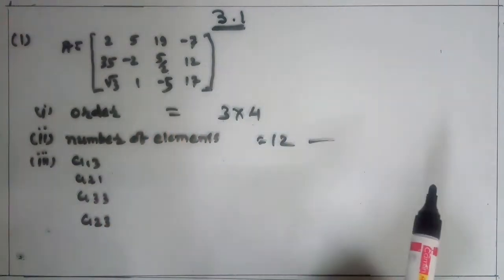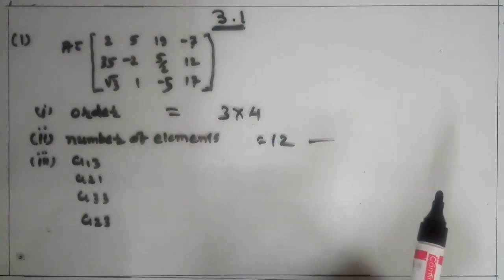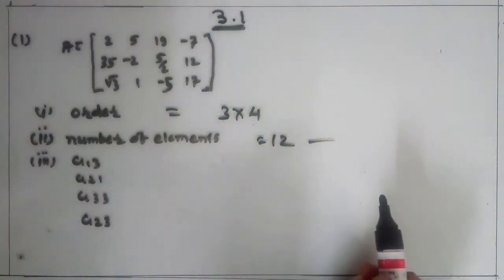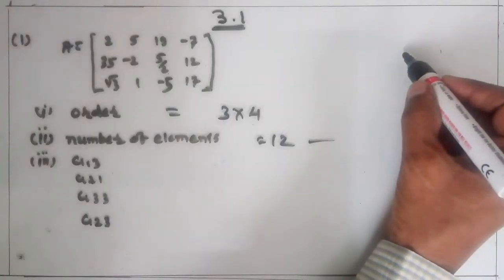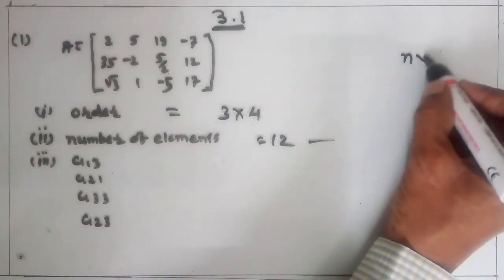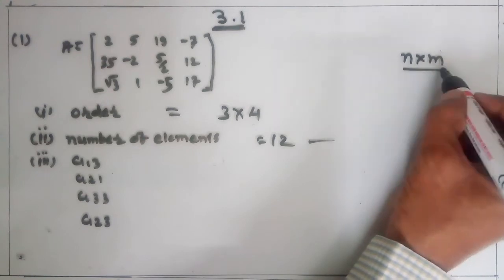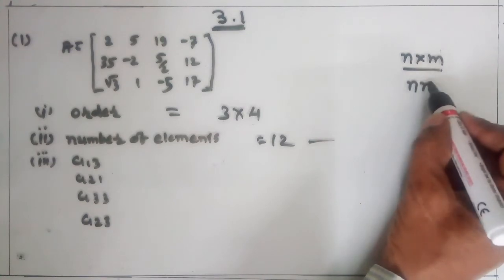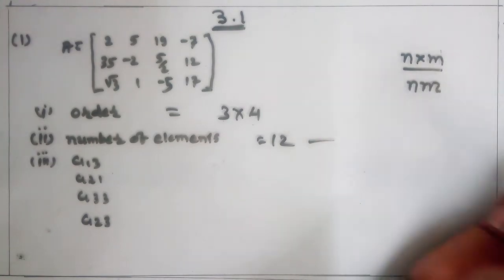Clear this? So think how to get the number of elements of a given matrix. If a matrix has order n cross m, then the number of elements of this matrix is equal to n into m, the product of these two numbers.